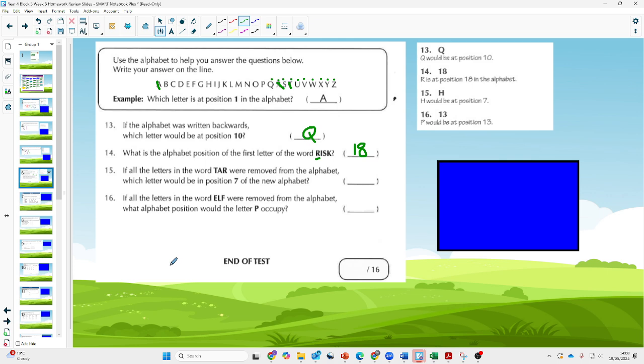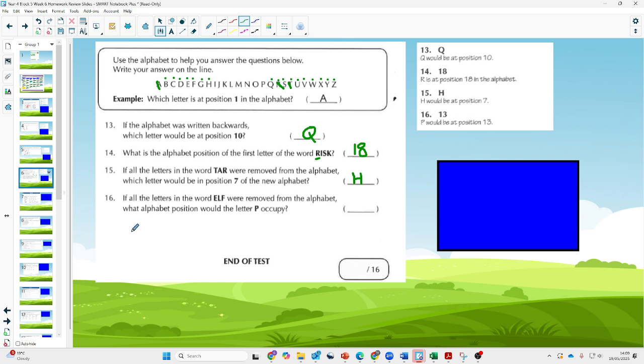If we count 7, it'll be 1, 2, 3, 4, 5, 6, 7. It will be H. So really the R and the T didn't make too much of a difference. It was the A that made that alphabet slightly shorter.